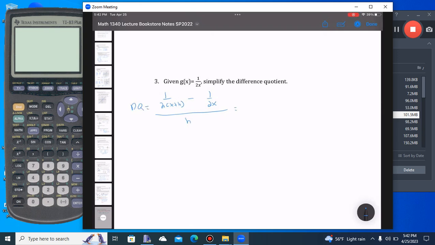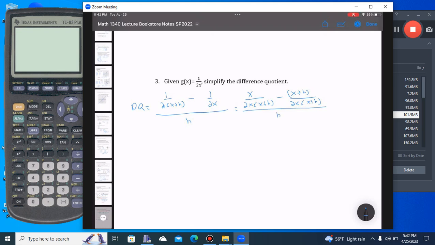So we'll multiply the fraction on the left by x over x, giving x over 2x times x plus h. And the fraction on the right we multiply by x plus h over x plus h, giving 2x times x plus h. So we're really multiplying by 1.